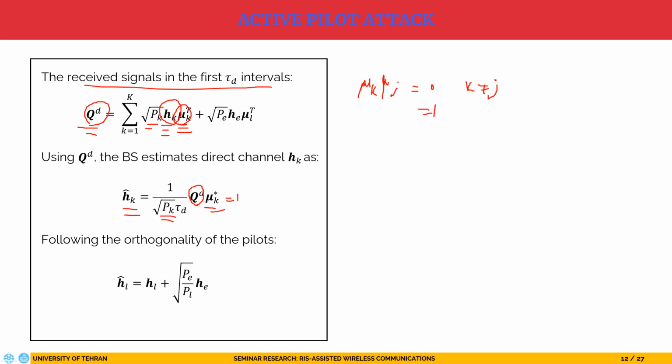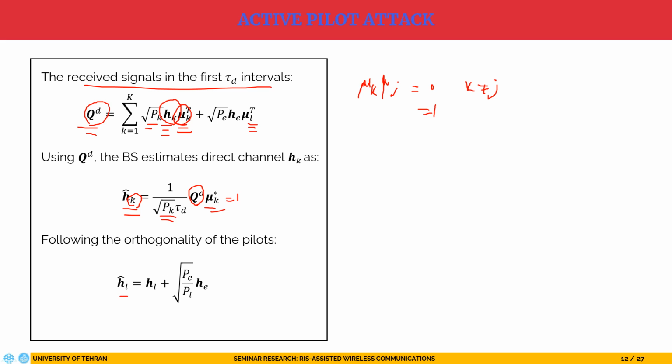So HK is calculated for user K, but the active eavesdropper selects the user L for eavesdropping and stealing the information. So user L is the victim here. For user K, which is not equal to user L, the channel estimation is done correctly, okay?